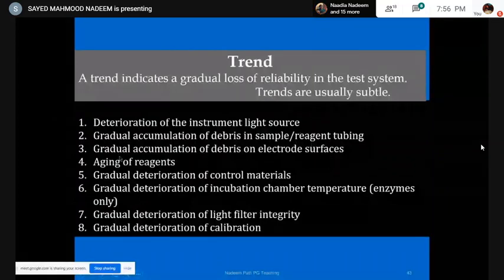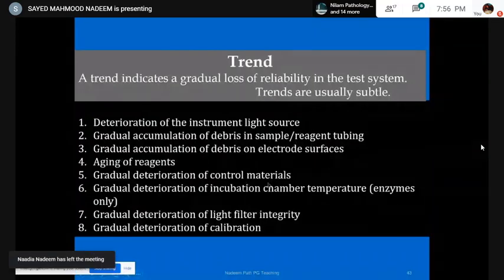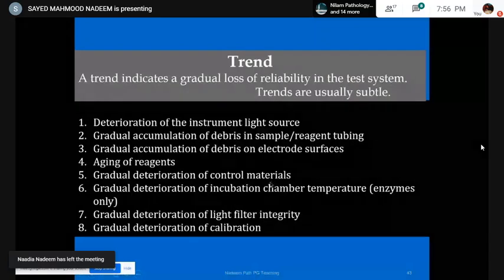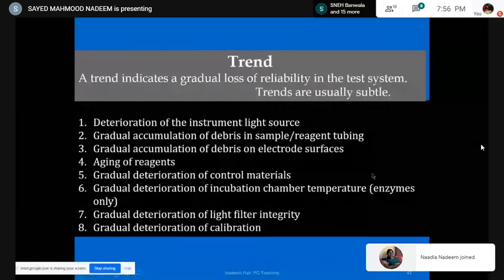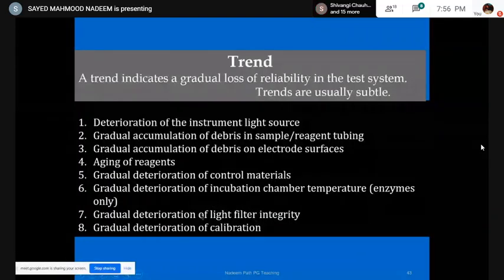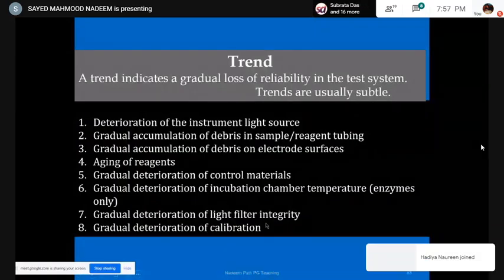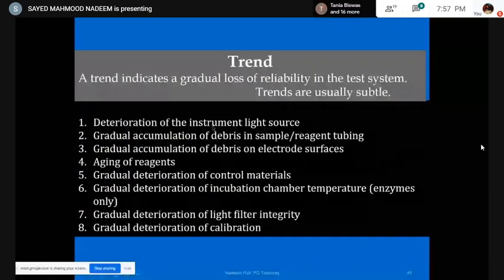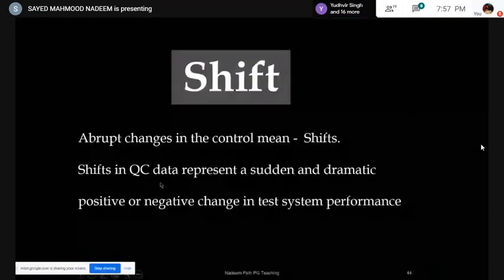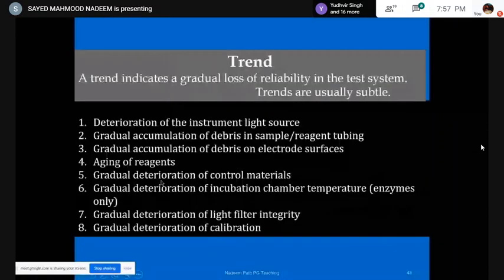Aging of reagents, gradual deterioration of control material, gradual deterioration of incubation chamber temperature, especially in enzyme chemistry and biochemistry, gradual deterioration of light filter, especially in flow cytometry, and gradual deterioration of calibration. This is commonly available for most of the biochemistry parameters. So if you are getting a trend on your LJ chart, you have to look for any of these or a combination of these factors which needs correction.